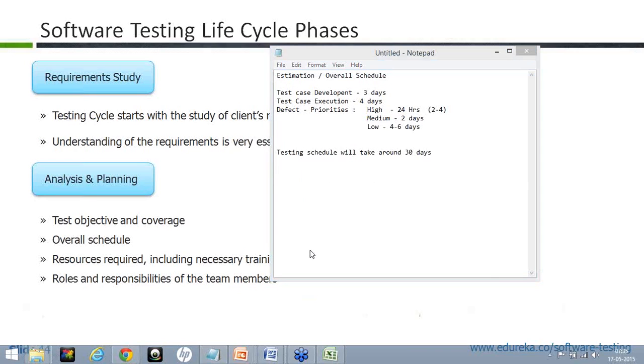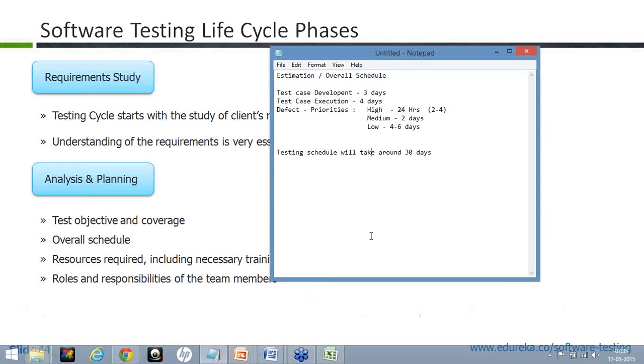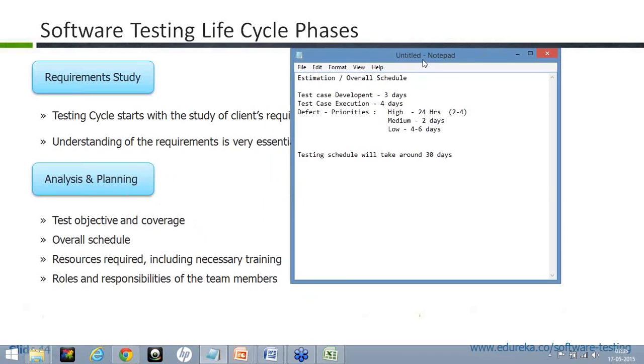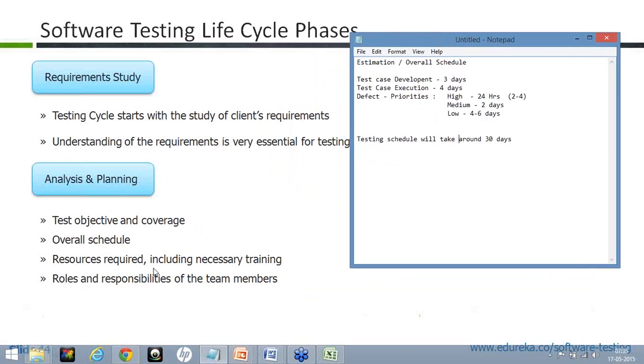In other words, you have to prepare an estimation. This would be done by your project lead or your project manager. Okay, so this is the overall schedule that we need to do. So this comes under analysis and planning. Now comes the next, very, very important one. Few of you are still working as QA.